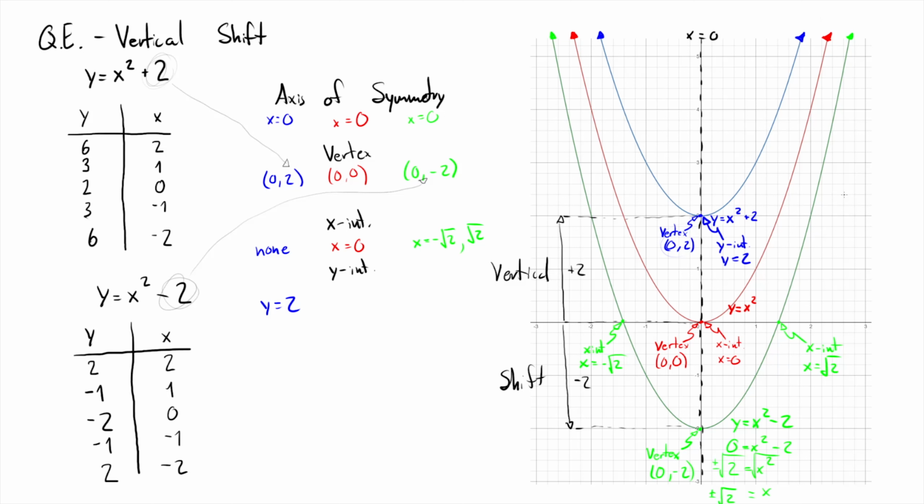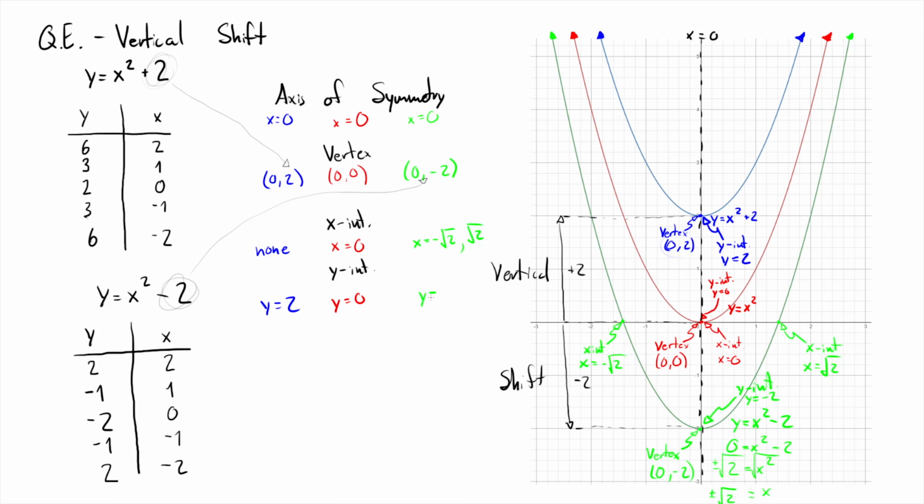For the red graph, again, we went over this, but it occurs right here. This is the y-intercept, and it happens at y equals 0. So we'll write that down. And finally, for the green one, it happens right over here. This is the y-intercept, and it happens at y equals negative 2 in this case.